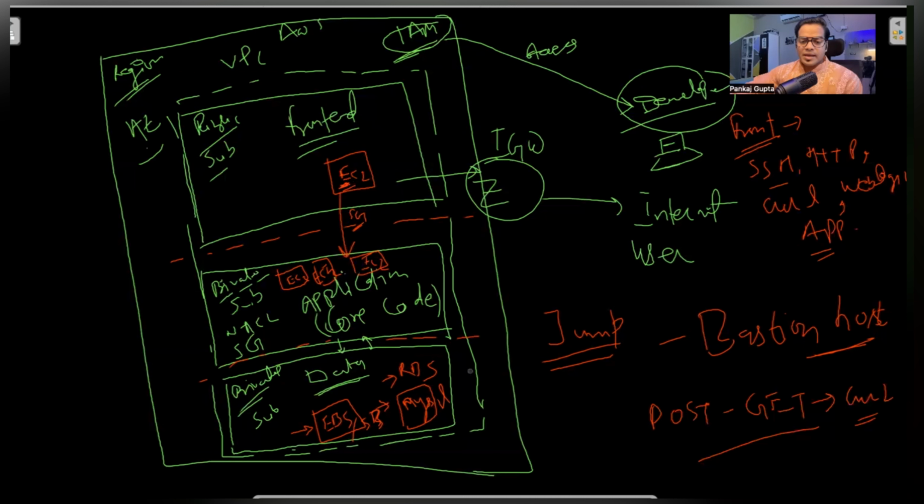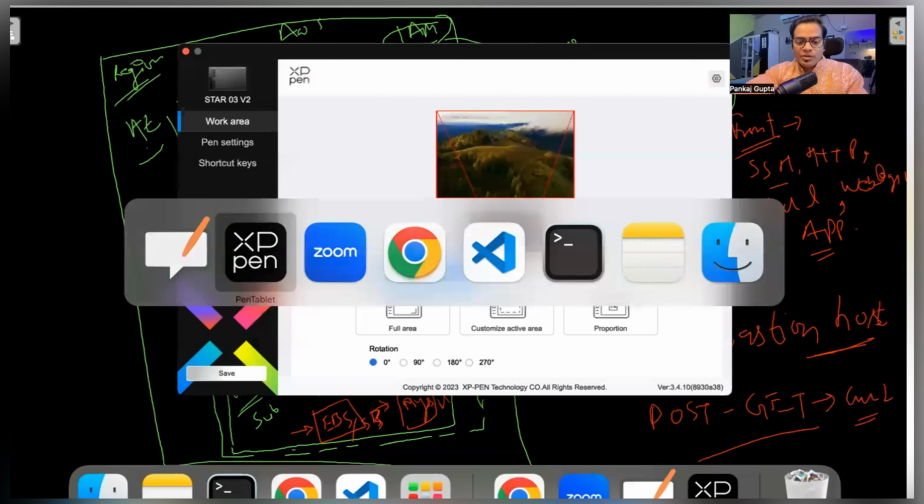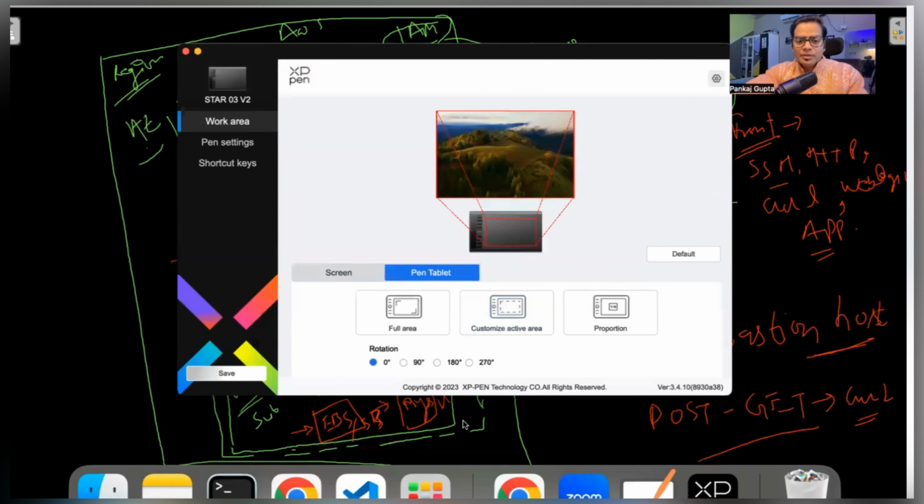Now I am going to show you how we design the same in draw.io, which is the standard presentation of an architecture in AWS. Let me show you.